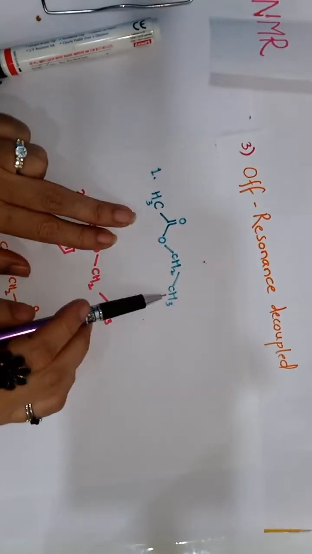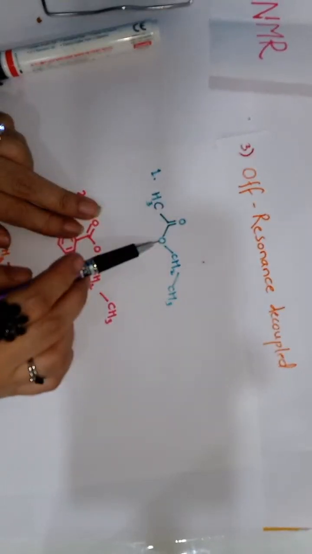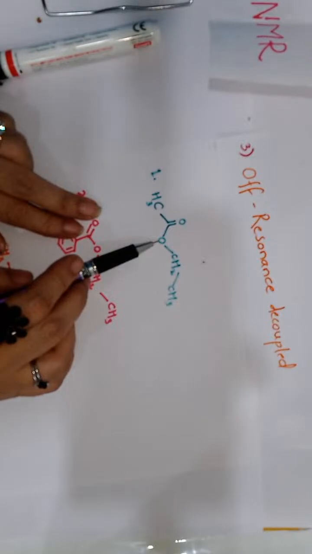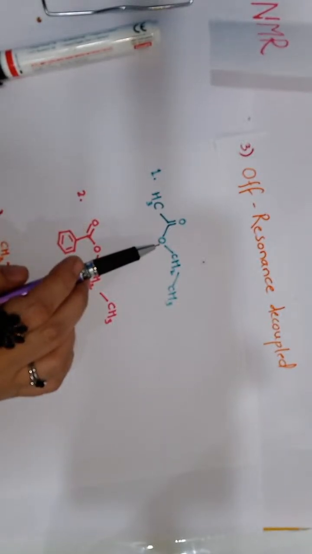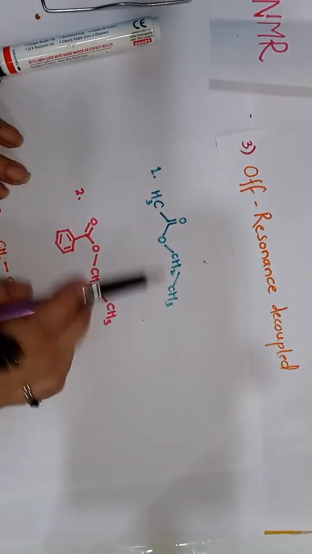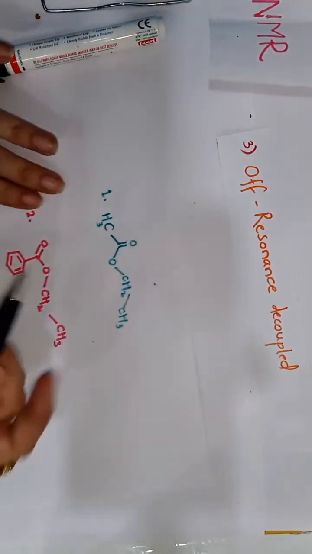C2H5, it is ethyl. CH3COOH is known as acetic acid. Now here it will be called acetate. So this is ethyl acetate. The molecule that we have is ethyl acetate.